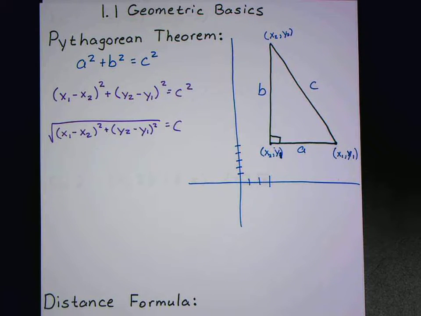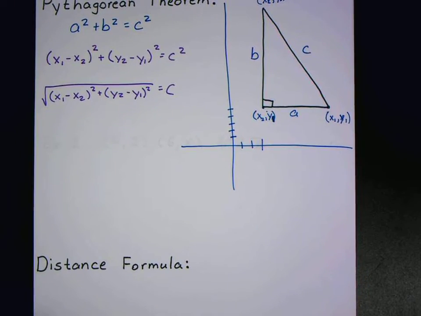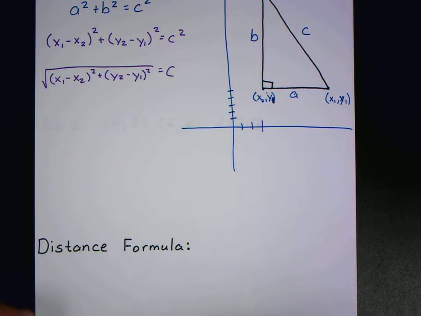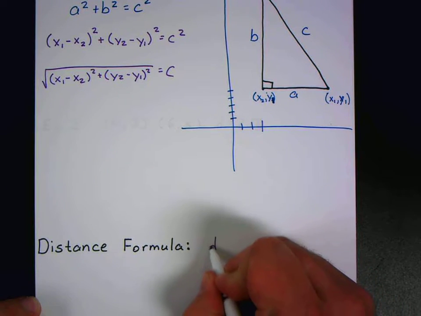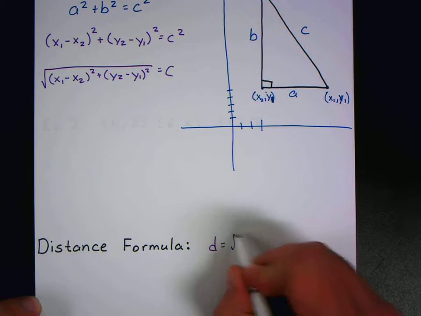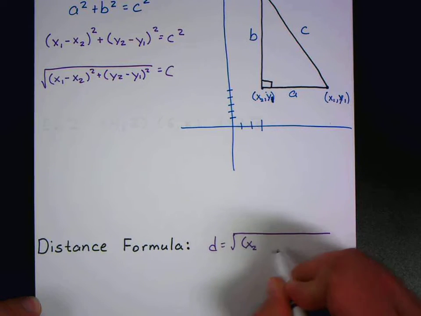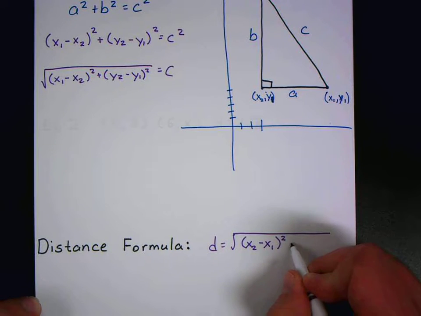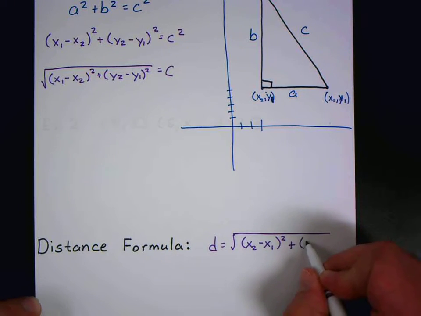That's how you get your distance formula. The only difference with the distance formula is we use a D instead of a C because we want our letters to have meaning. Now, the other thing, which I'll explain in a little bit, is I'm going to use x2 instead of x1 whenever I do that there.